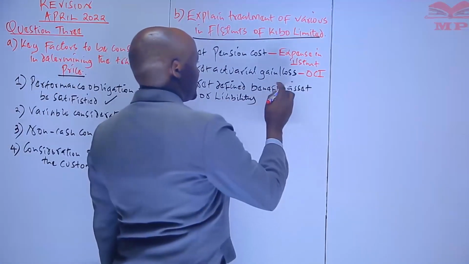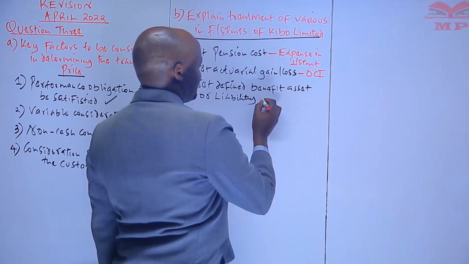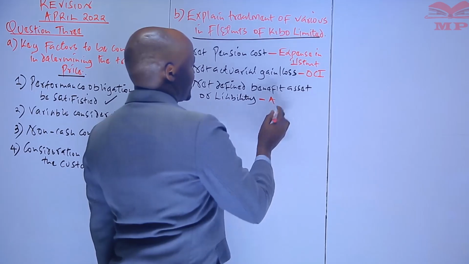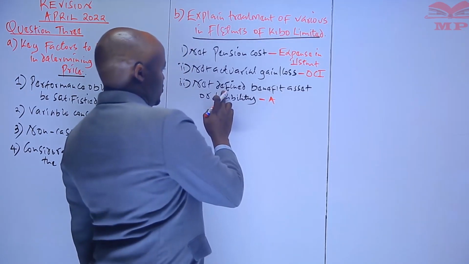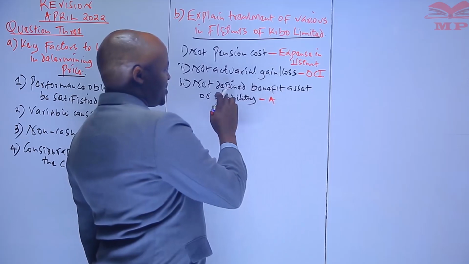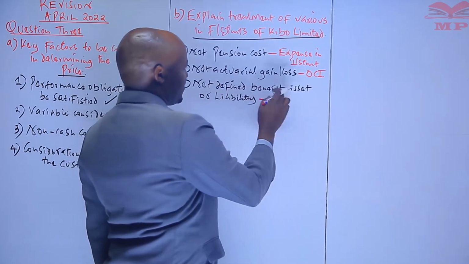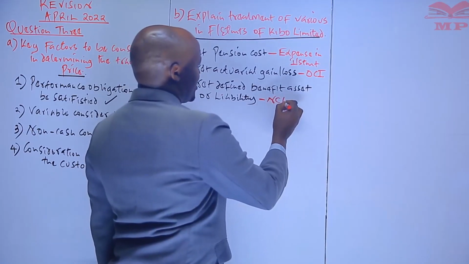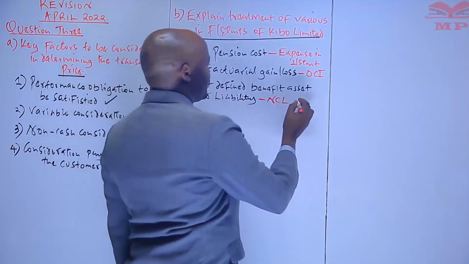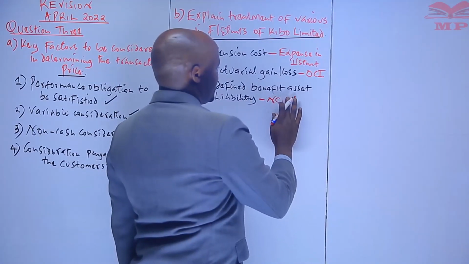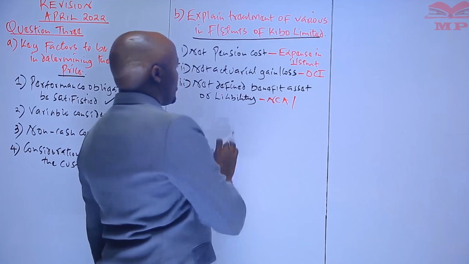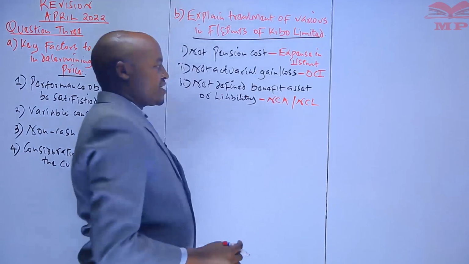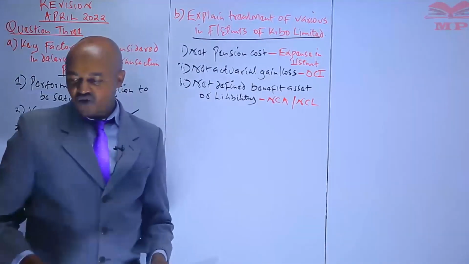And then the net defined benefit asset or liability should be accounted for in the statement of financial position. If the company has a net defined benefit asset, it is accounted for as a non-current asset, whereas a net defined benefit liability is accounted for as a non-current liability.